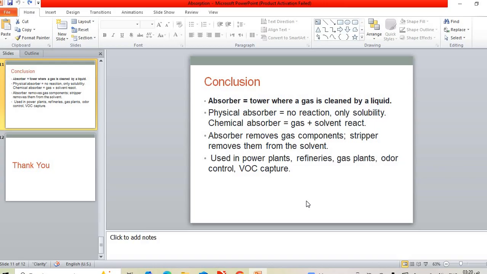An absorber removes gas components, and a stripper removes them from the solvent. A stripper is always a process to remove dissolved gases from a liquid in general. And of course it has many applications in refineries, gas plants, and any other sectors.